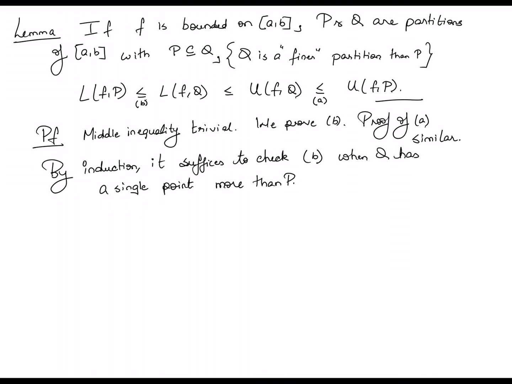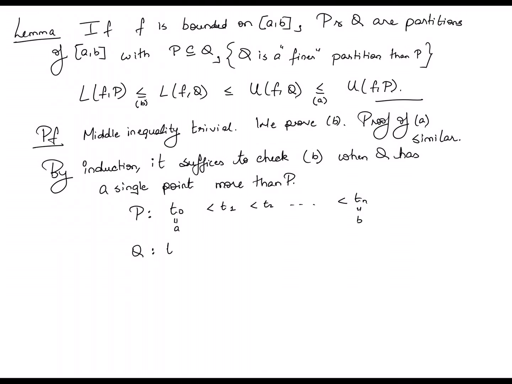Right? In other words, we are going to take P to be, let's say, t0, which is a, less than t1, less than t2, all the way up to tn, which is equal to b. And I'm going to take Q to be as follows.